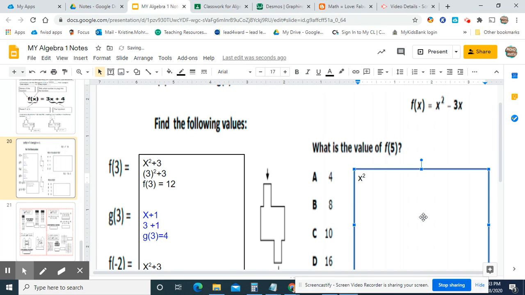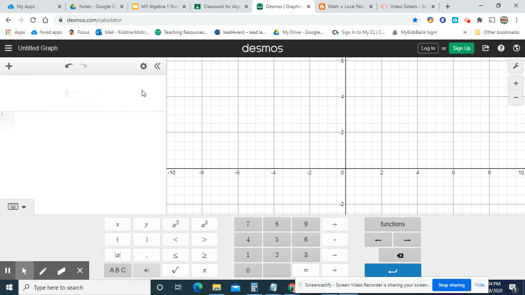x squared minus 3x, so we have two x's in this one. So each of them, though, we're plugging in and making 5. So we have 5 squared minus 3 times 5. So we're going to go put that into our calculator. Same thing, that exponent, this 2, always will fall. It never will stay.